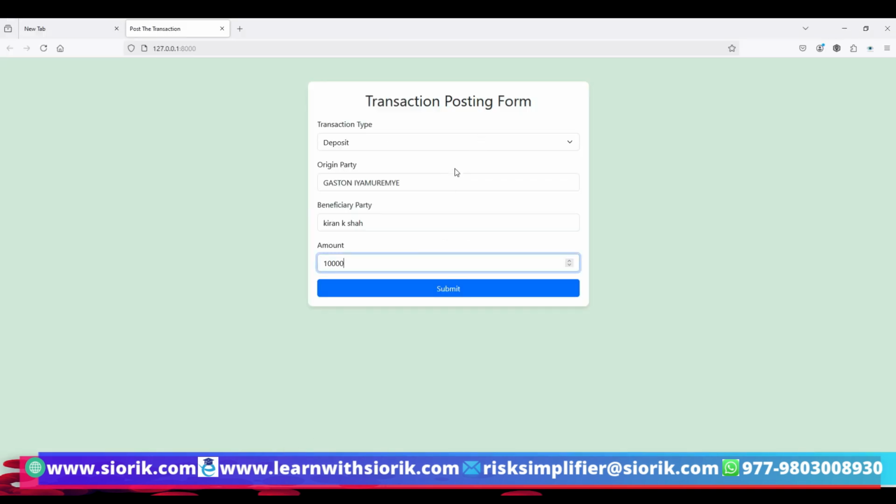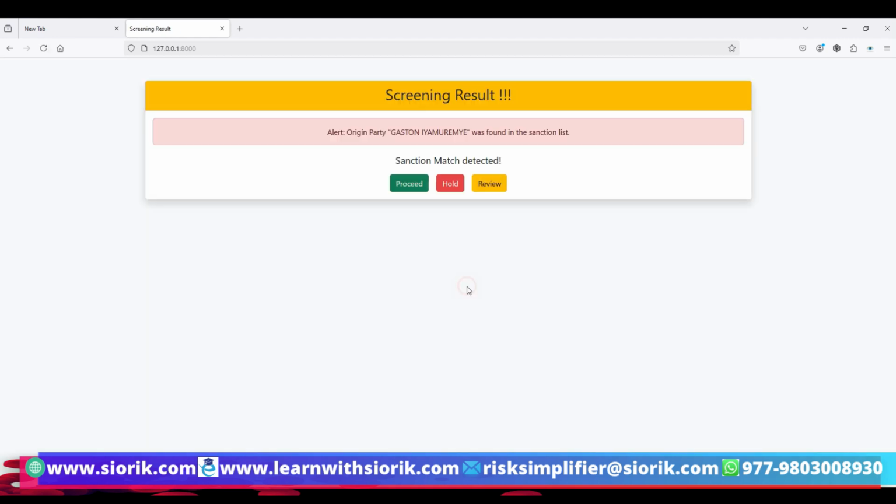what do you think will happen if I click on the submit button? So the flag is raised here. Why? It is saying that the origin party, that is the sender, this Gaston guy, is found in the sanction list. So now here you have the option to proceed, hold and review. So unless you are not in a right mindset, you will click on hold or review, right?